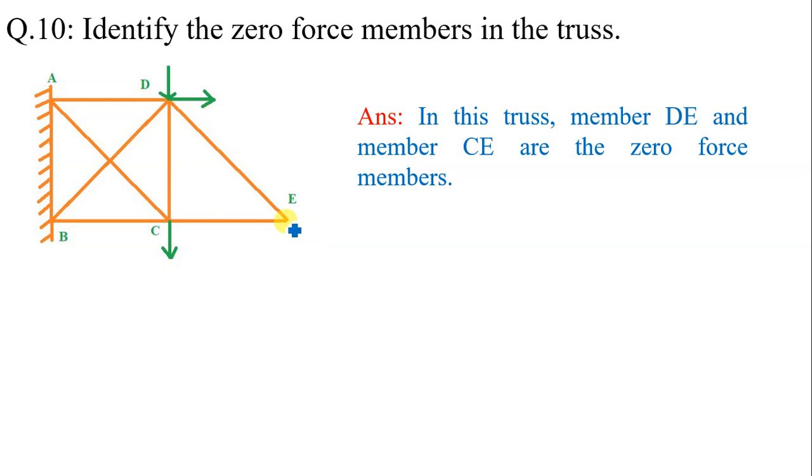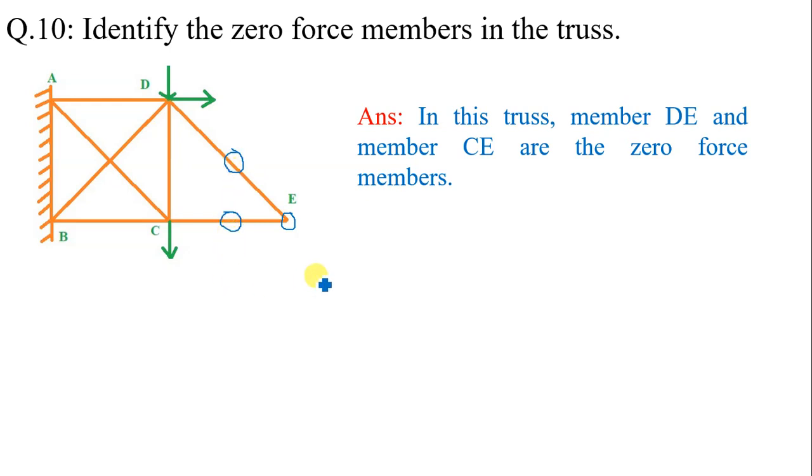So according to this condition, members DE and CE both are meeting at joint E and there is no load acting at point E, and therefore force in member DE and force in member CE is equal to 0. At D, 3 members are acting. At C, 3 members are acting. So according to the first condition, these two members are zero force members.